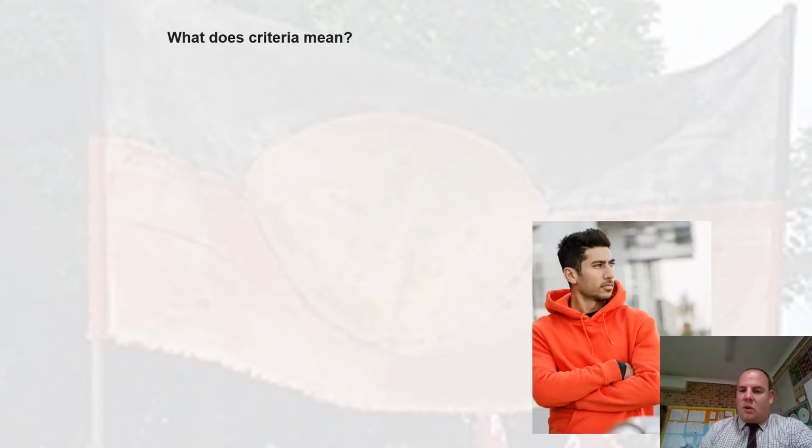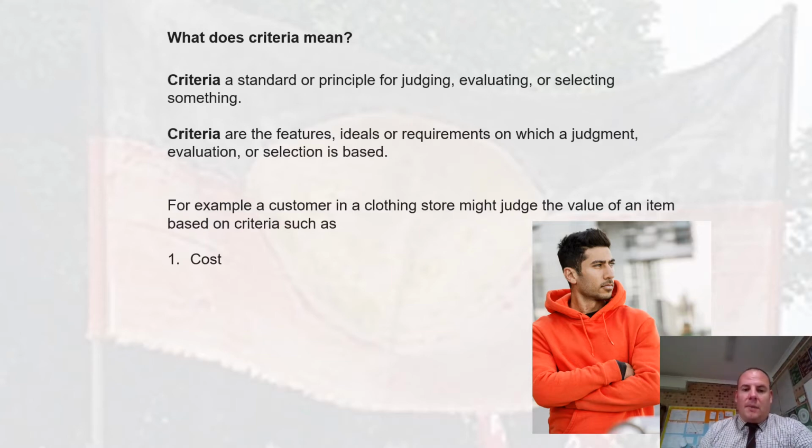So what does the criteria mean when we evaluate something? Well, it's a standard or principle for judging. All right, so that's what the criteria means. And it's basically features, ideals, or requirements on which we can make that judgment for an evaluation. So, for example, a customer in a clothing store might judge the value of an item based on criteria such as cost, quality of material, and the likelihood of wearing it.